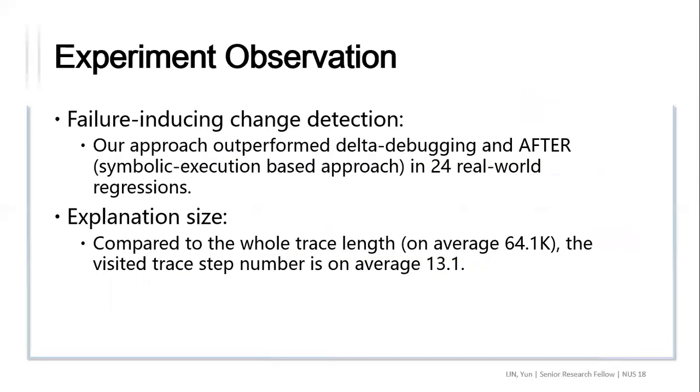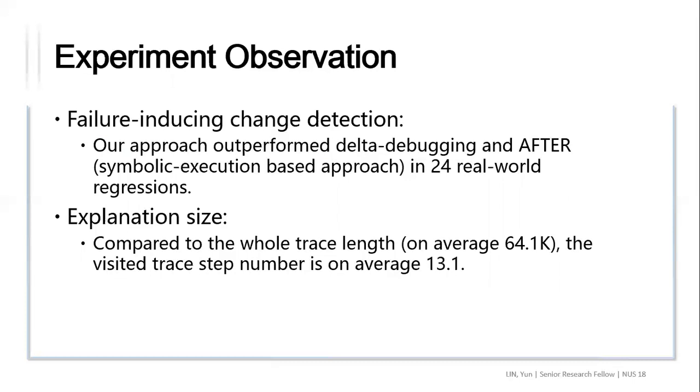We conducted an experiment on 24 real-world regressions. We select delta debugging and Sahara, which is a symbolic-based approach published in FSE 2015, as baselines. Our experiment shows that our approach can outperform the baseline approaches in terms of reporting far fewer false positives.